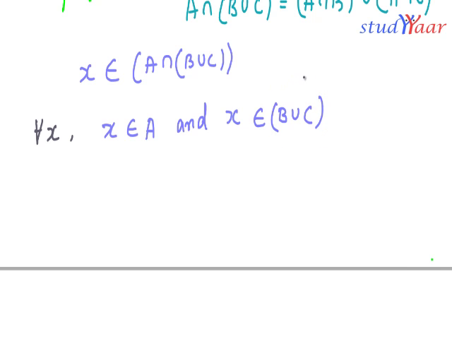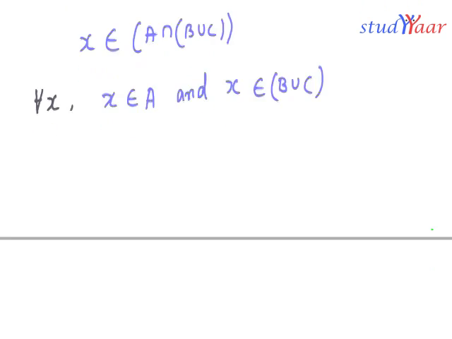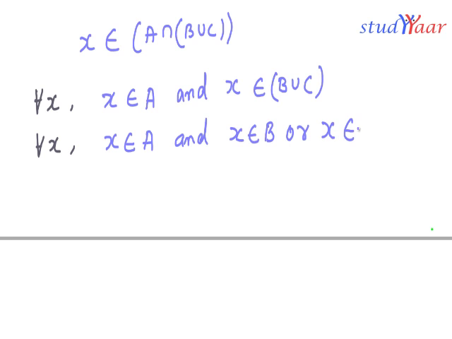There is no problem in this. So in the same manner, I can say that for all X, X belongs to A and X belongs to B, or X belongs to C.